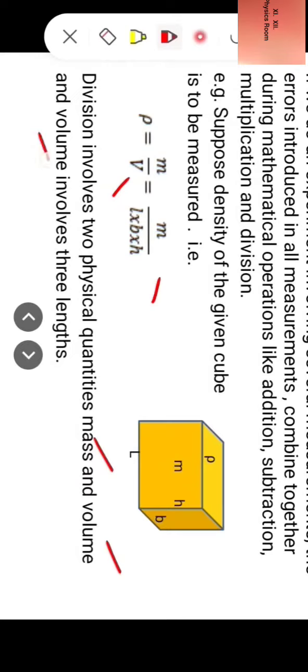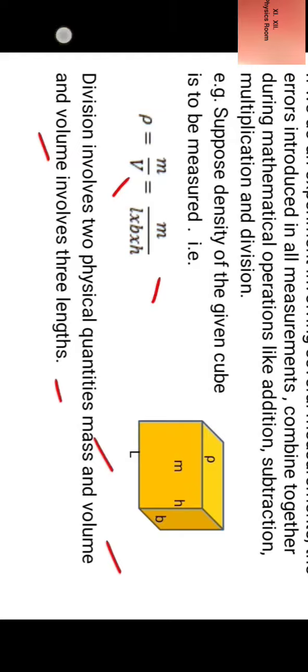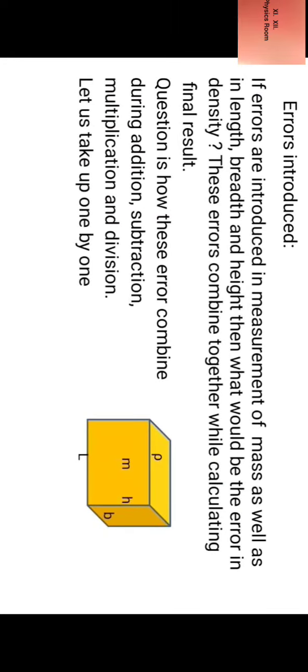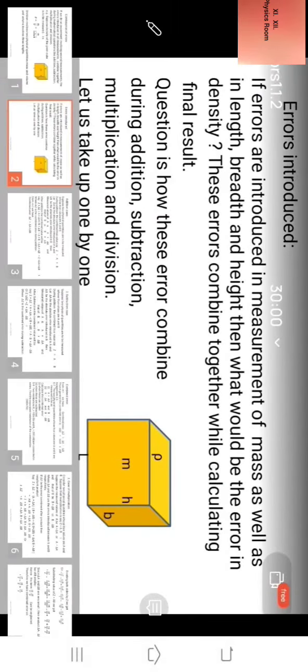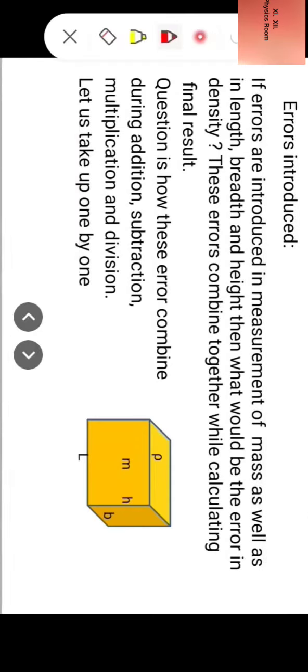And volume involves three lengths, length, breadth and height. And now let us see errors introduced. If errors are introduced in measurement of mass as well as in length, breadth and height, then what would be the error in density?